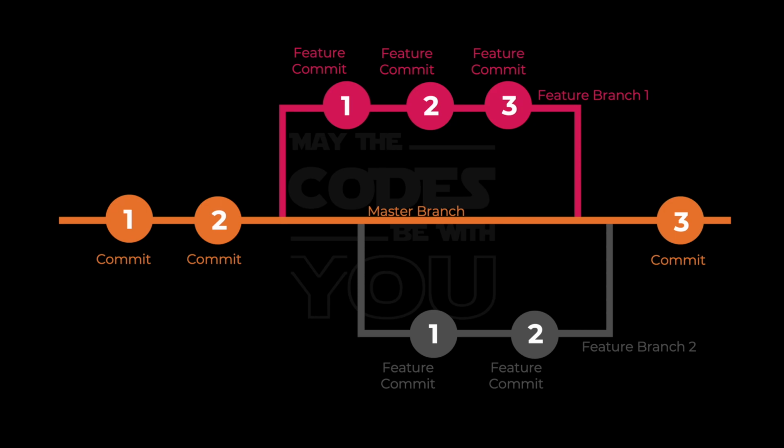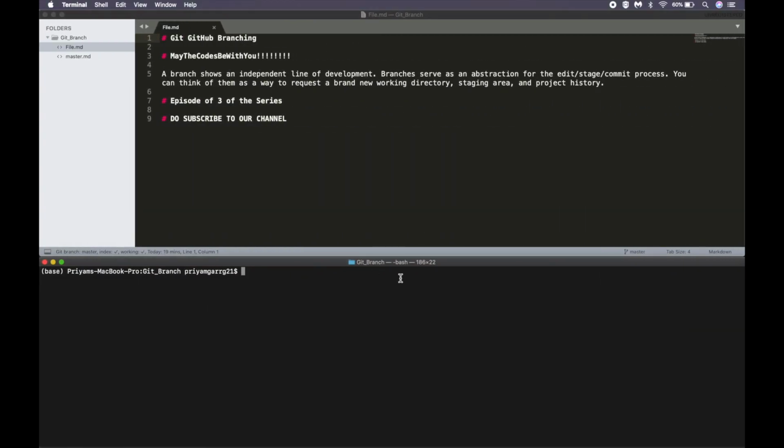So now let us work on this practically. This is our repository, you can see. Let us check the log. You can see I only made 1 commit in this, so it is good.